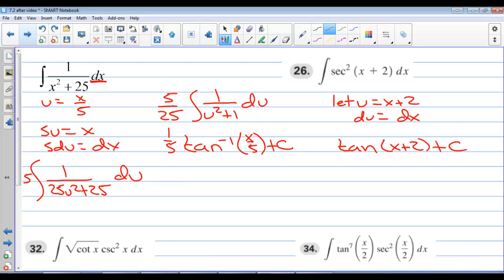Now, when the derivative of the inside is just 1, I don't really think I need to use substitution to do this, but you could. You could use substitution, no problem. But like I said, when the derivative of the inside is 1, I'm not really sure I need to use substitution. And as you play around with these, as you practice, I think you'll find out the same thing.